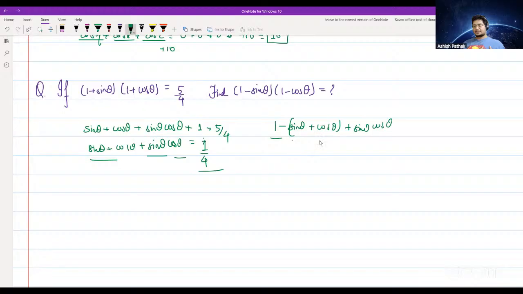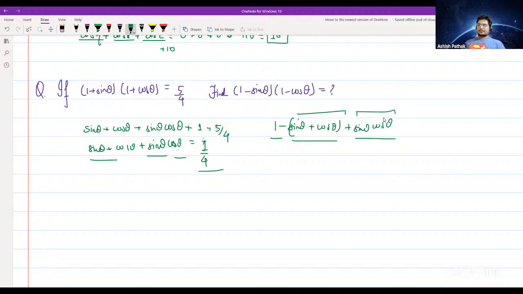Here we are getting the value of 1 minus sine theta times 1 minus cos theta, which is quite different, right? Correct? Both are different values, right? So now our task is to write it into such a form that you will get the value of either sine theta plus cos theta or sine theta into cos theta.